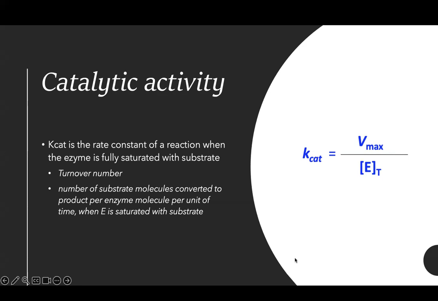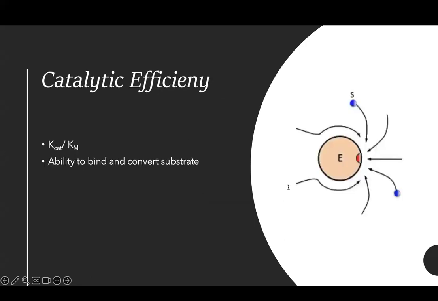And then if we take all of this together, we can calculate the catalytic efficiency of an enzyme. Think of this as the likelihood of an enzyme and substrate colliding, the enzyme then binding that substrate, and then the enzyme converting that substrate to product. So this takes all of this together and tells us how efficient an enzyme is in converting a substrate to product.